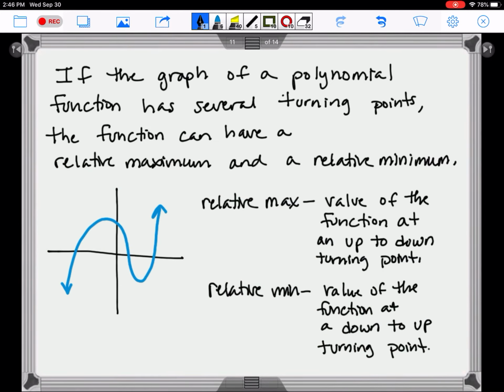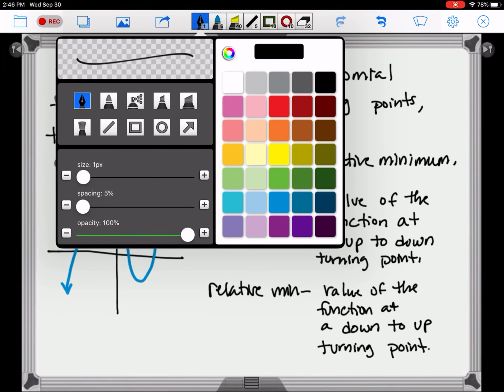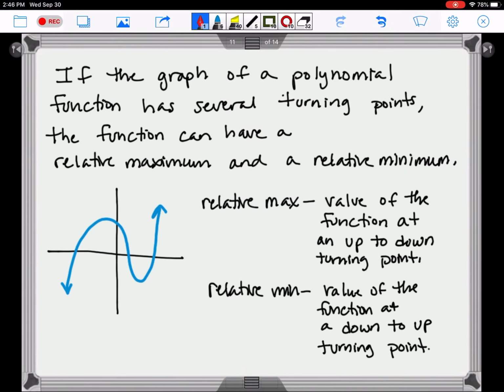All right, so if you have a graph of a polynomial function that has several turning points like the one we just had, the function can have a relative maximum and a relative minimum. So here is a relative max. That is where the function goes from going up to coming down.